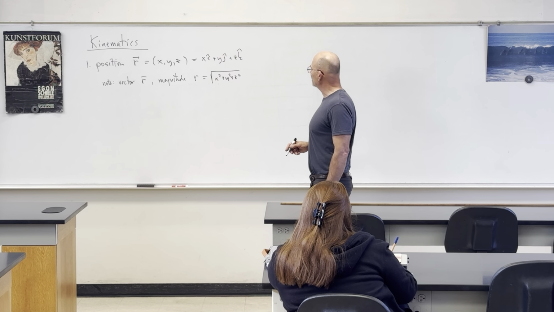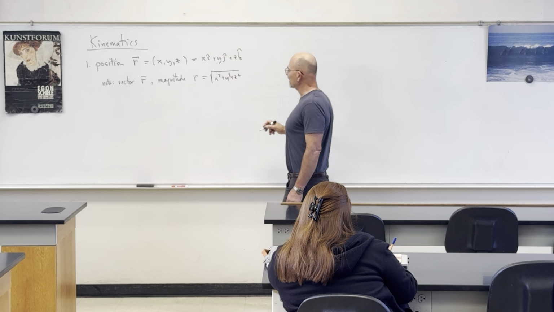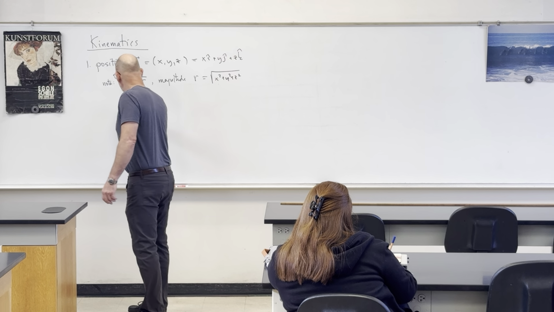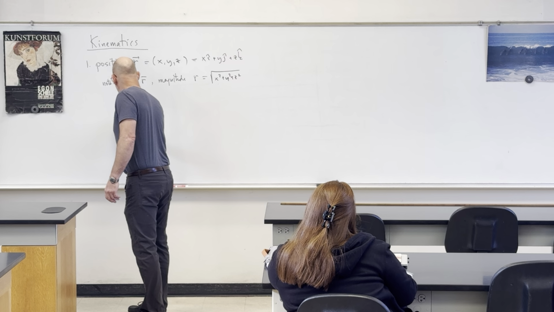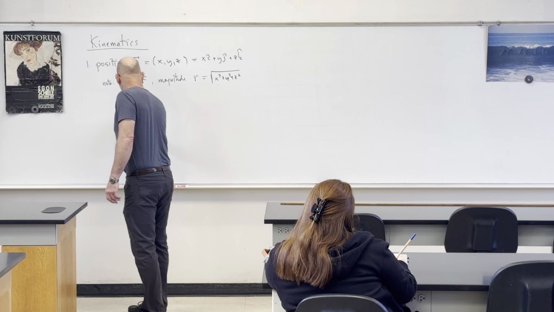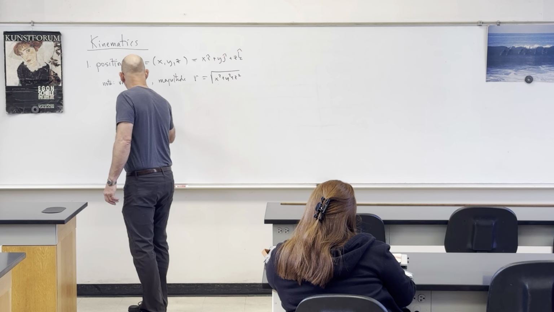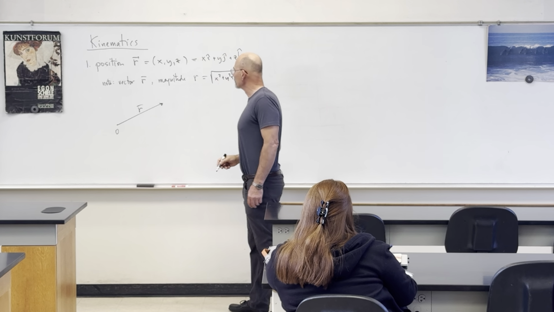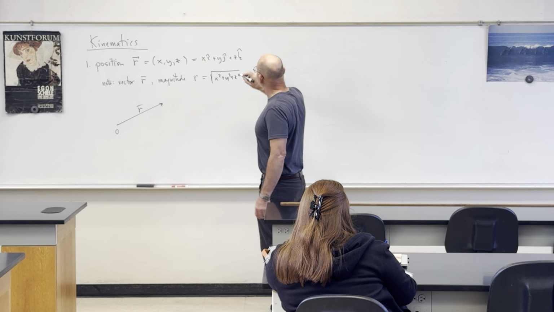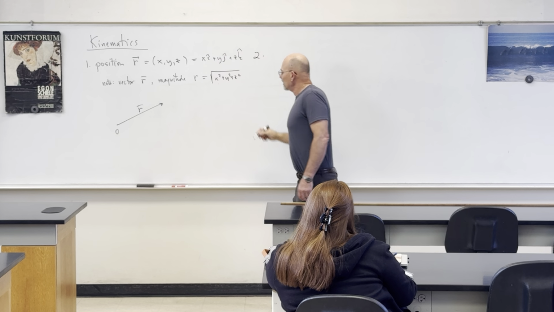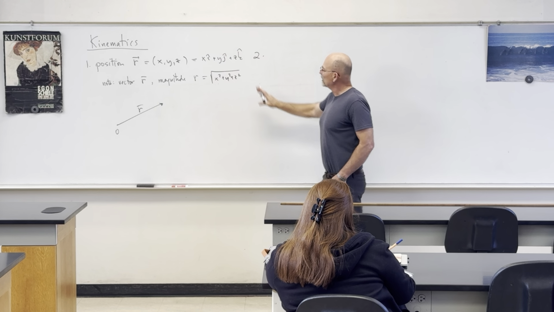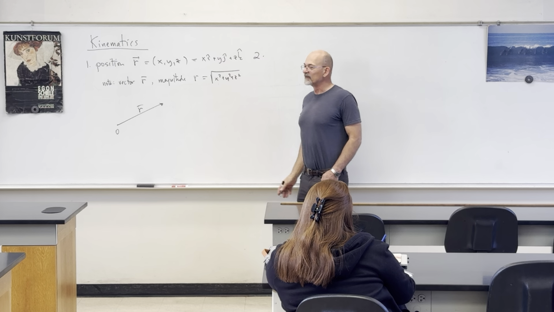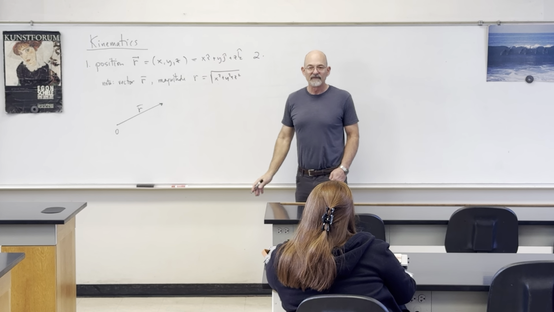So yeah, you've got position, and since it's a vector, it's an arrow. You've got some origin, and you've got some vector, some arrow pointed somewhere in space. Good. We can fill in with a lot more about these, but this is familiar to everybody.